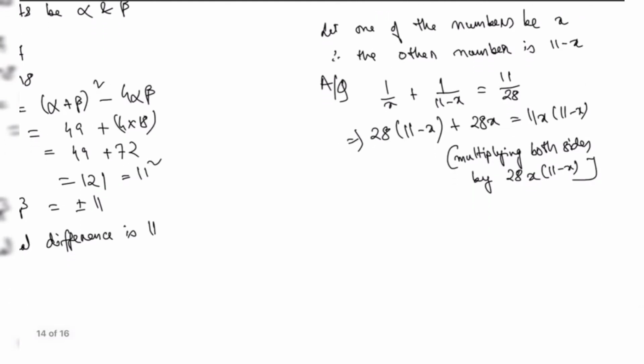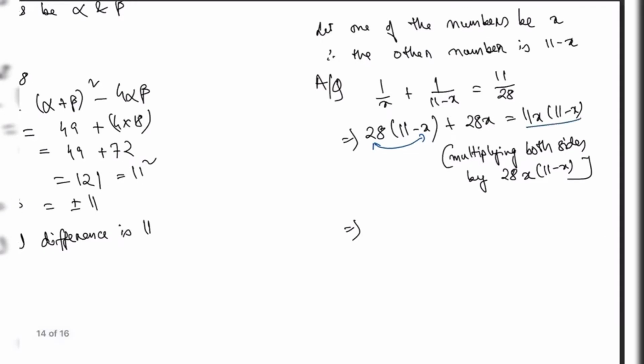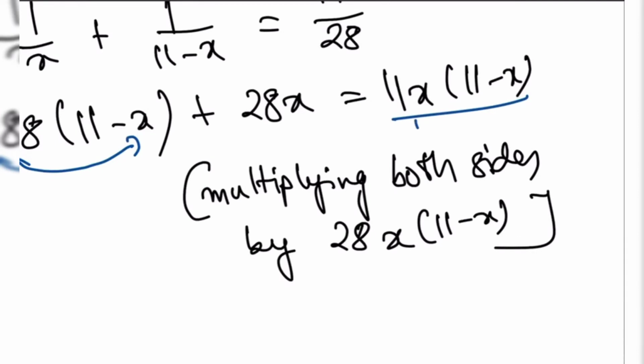So let's see. Now you see you have a minus 28x popping out of here and a plus 28x. So these two get cancelled. You only have 28 times 11. And on this side, what you have is 121x minus 11x square.